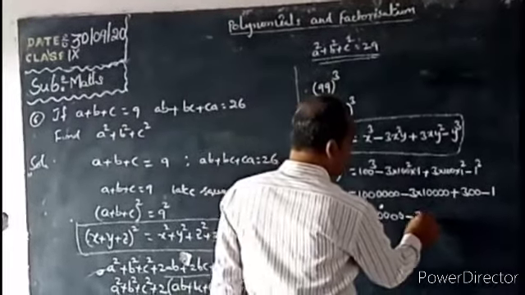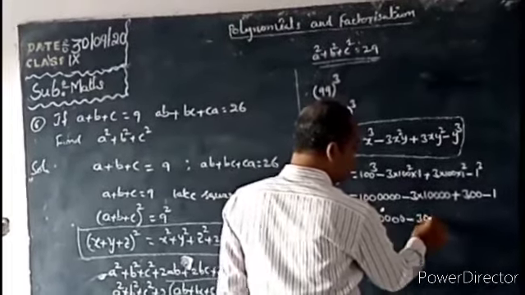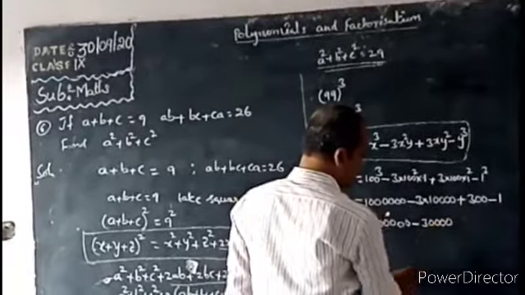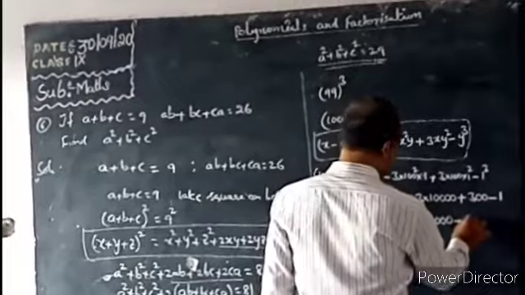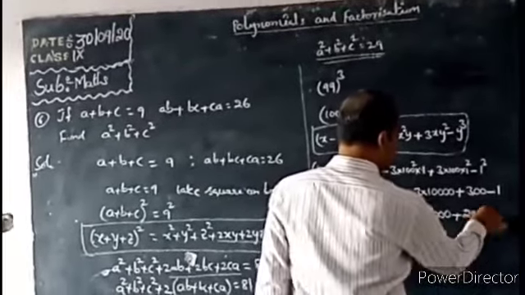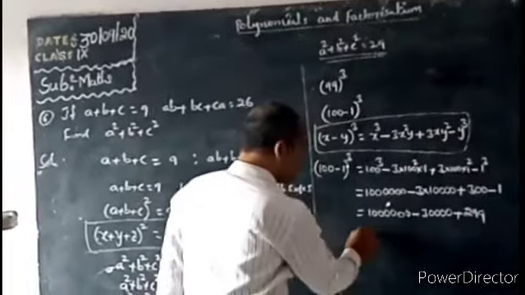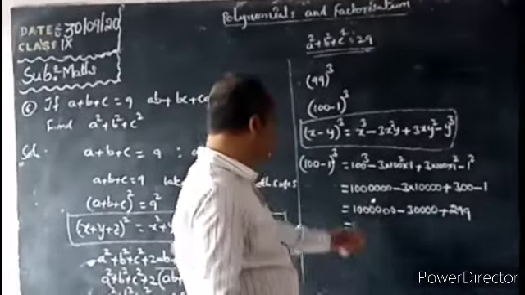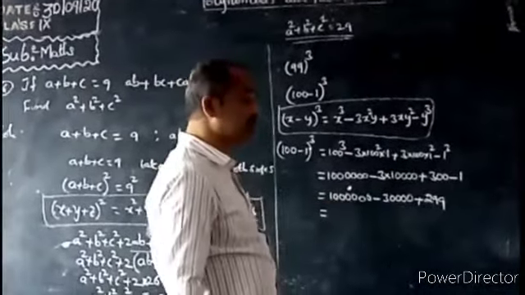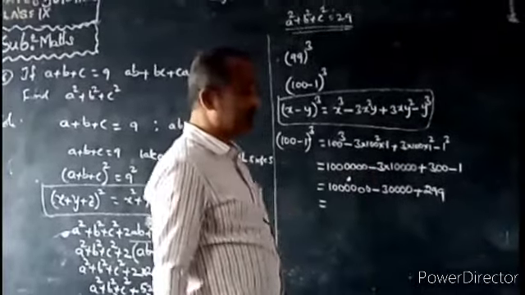Minus 30,000. Yes na? Plus 300 minus 1, you can write 299. Now how much are we getting in the subtraction? It is 10 lakhs. From the 10 lakhs we have to subtract 30,000.